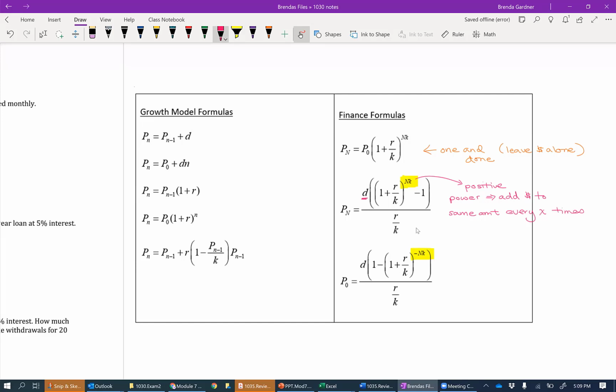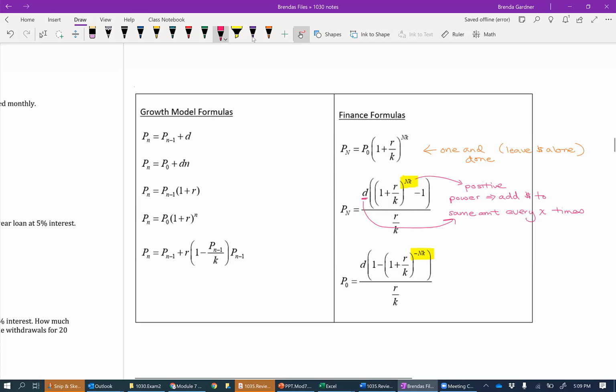So the difference is that I'm going to be adding to the account every single month, generally. In a retirement situation, I put in $100 a month or $500 a month.